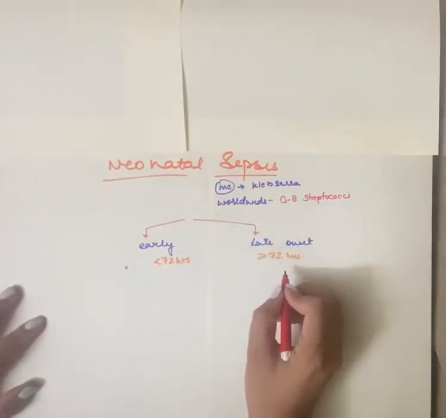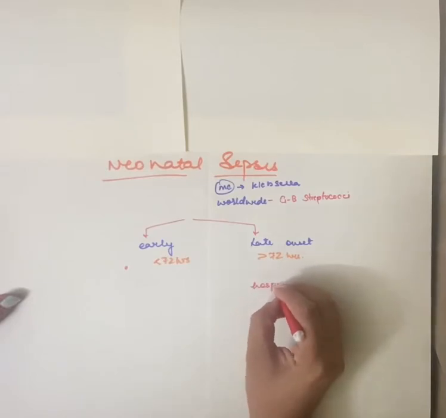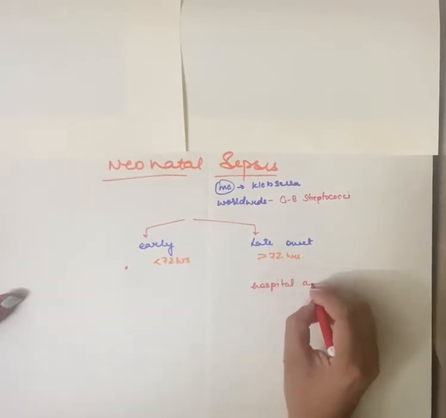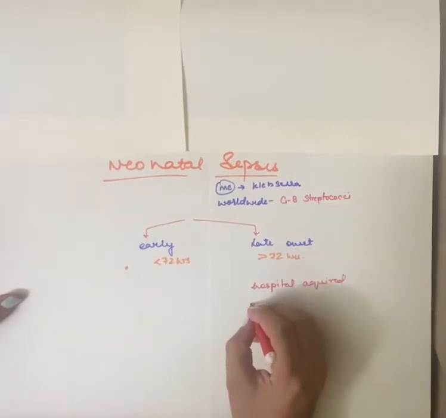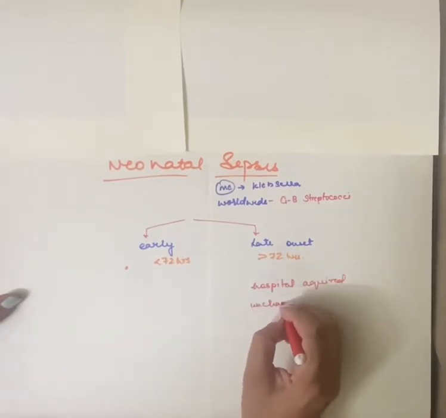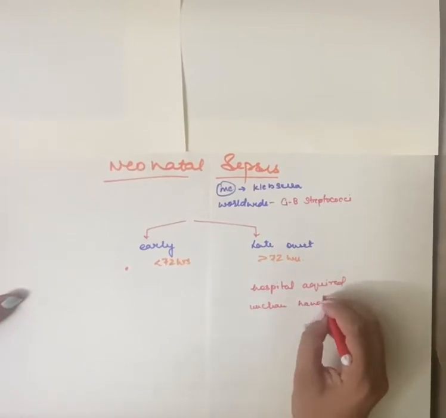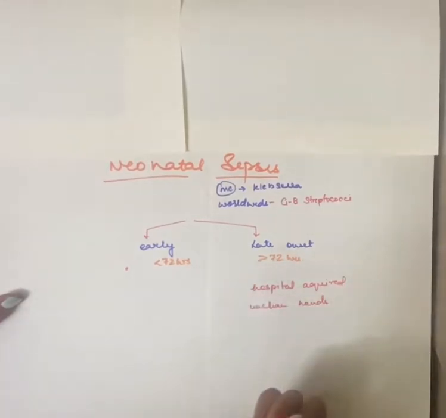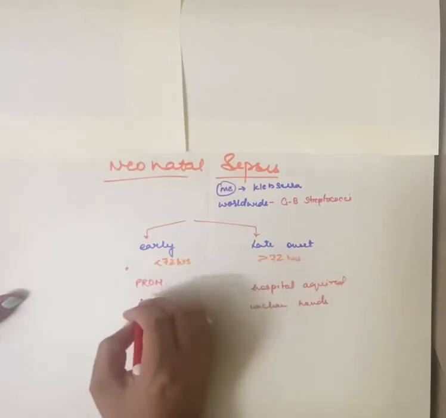This late onset is usually a hospital acquired infection. This occurs due to unclean hands of the hospital staff. However, this early infection is due to premature rupture of membranes.